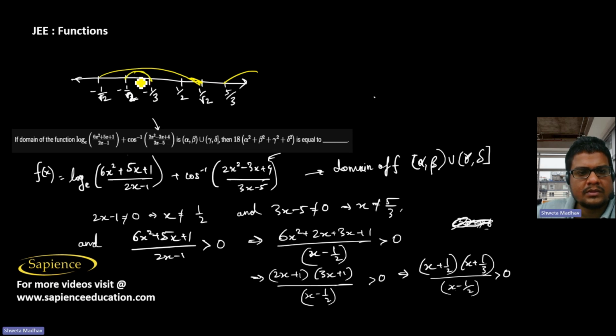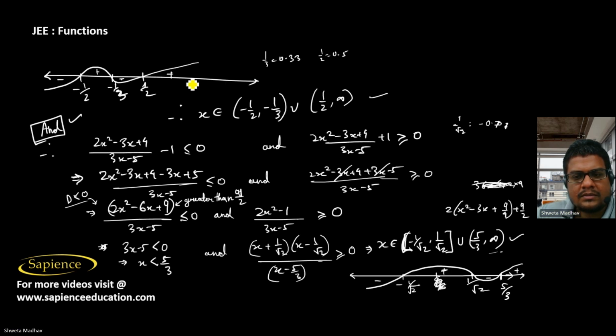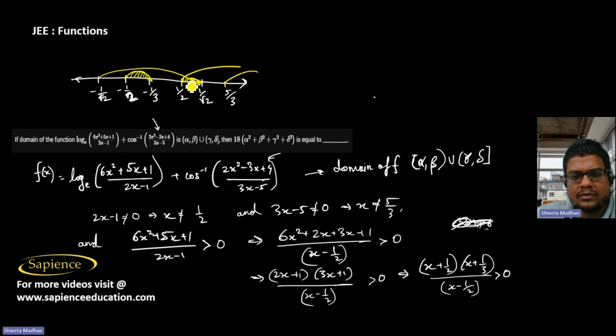So this is the common part. And also we have half to infinity. So we should take till 1 by root 2. So only these two parts are coming as common.